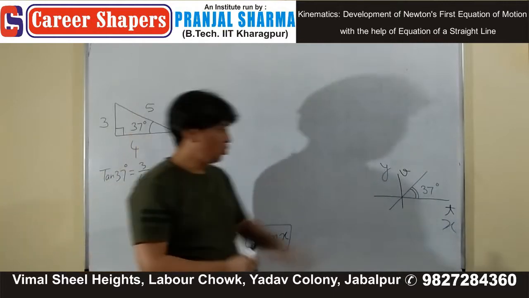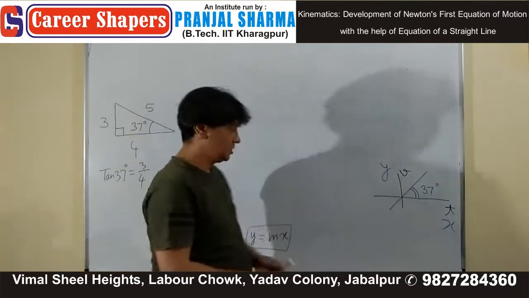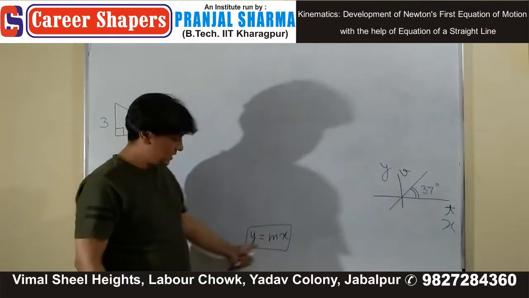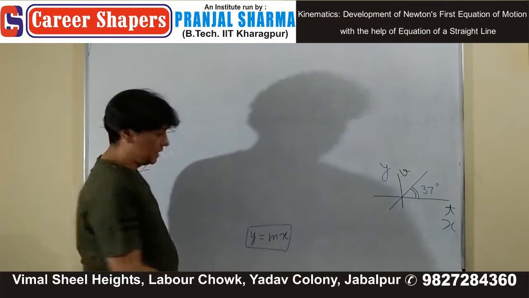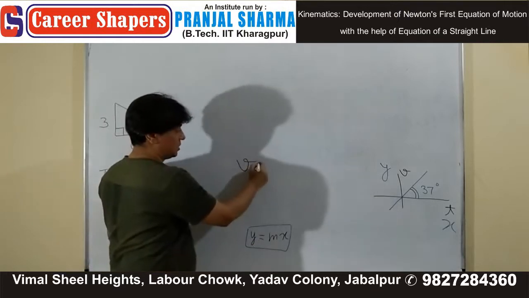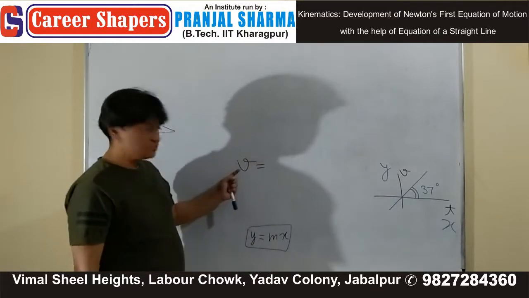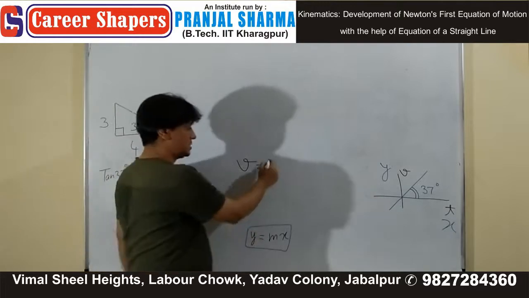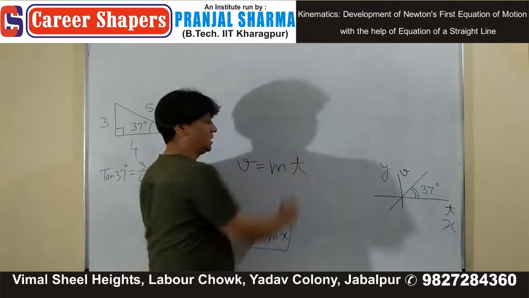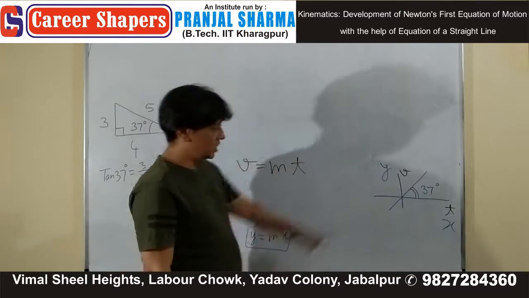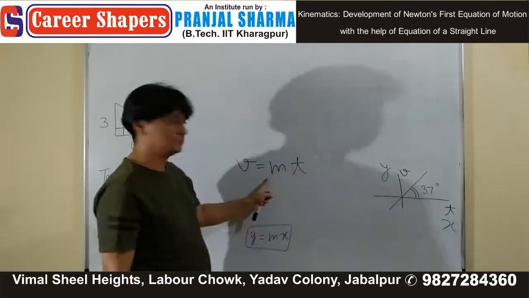You can also show it with a different color if you wish. So the equation which was y equals mx, in physics it will take this form. Your y becomes v, m is m, x is what? t. This is the equation of this line.